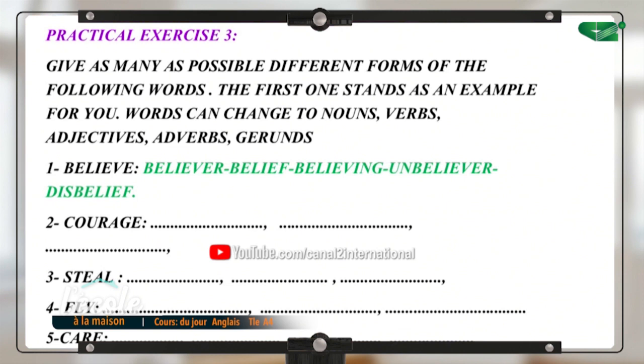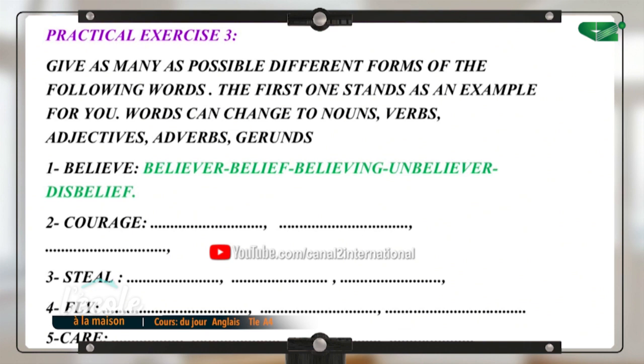Those are the 5 grammatical classes into which you can change the various words that will be given in the exercise. 1. Believe. Believe here is a verb. We want you to give the other grammatical classes as much as possible.